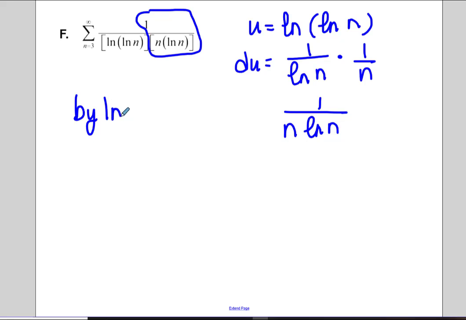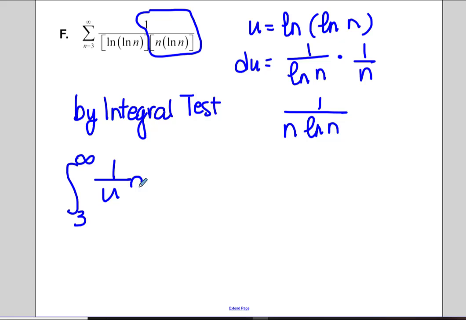So if we use the integral test, and we're starting our lower bound at 3, we have 1 over u du, and that could be rewritten to be the limit as t approaches infinity. And I'm going to jump back to my u terms.